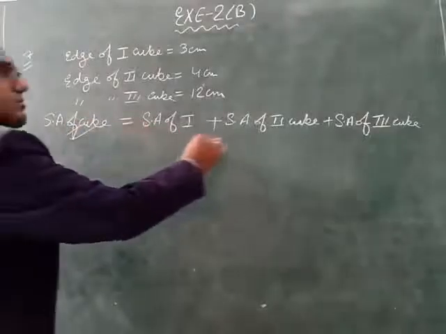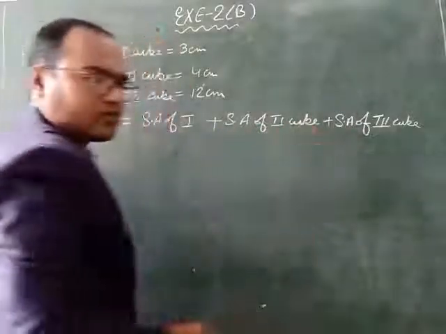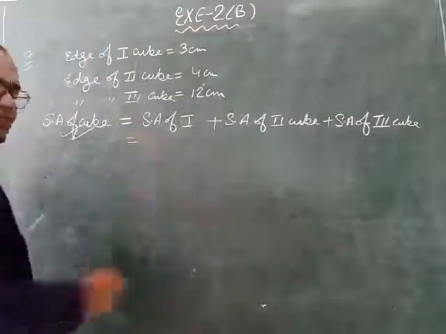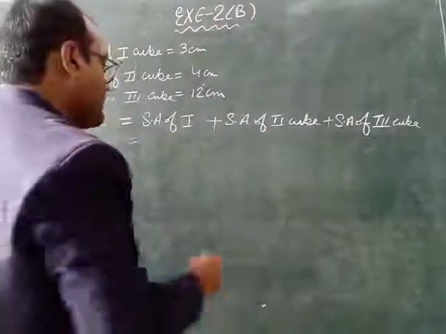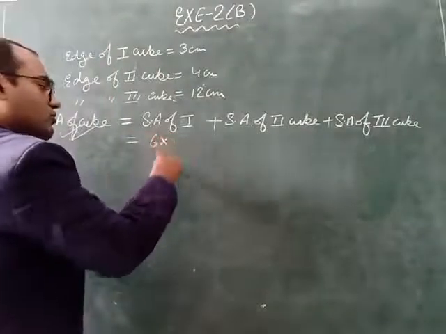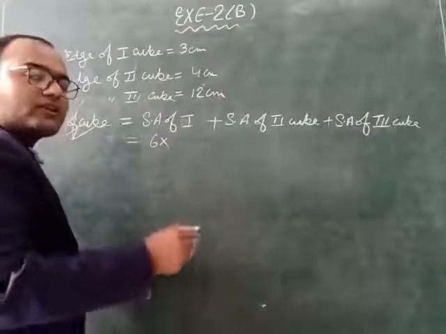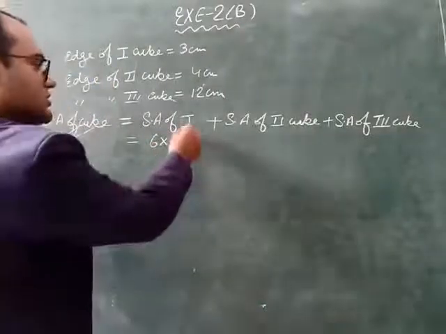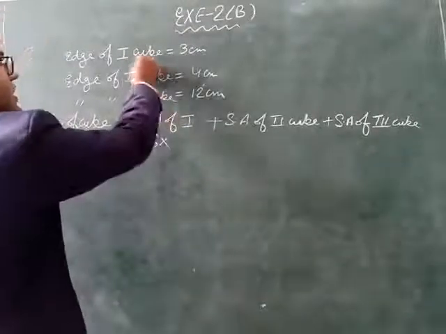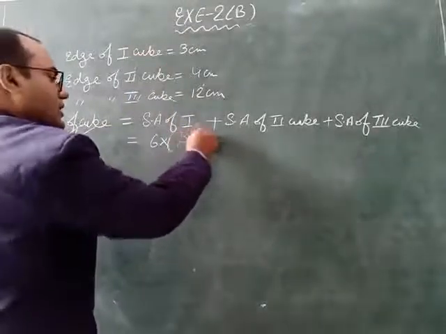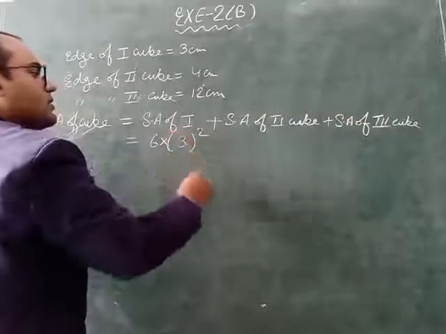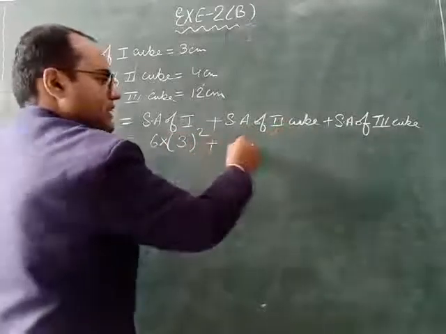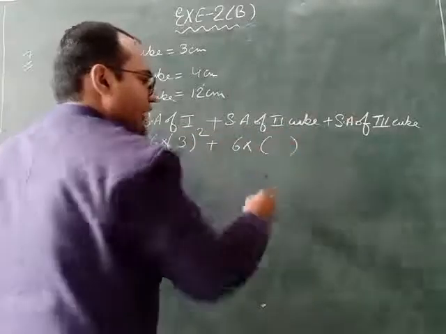Surface area of first plus surface area of second plus surface area of third. In this we have to use the formula. Surface area of cube is 6 into edge square. Surface area formula is 6 multiply edge square. So this is the first cube. First cube edge is 3. So 3 square plus surface area of second cube, 6 into edge square.